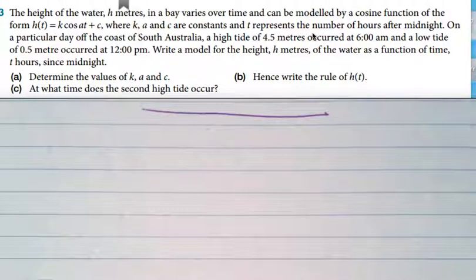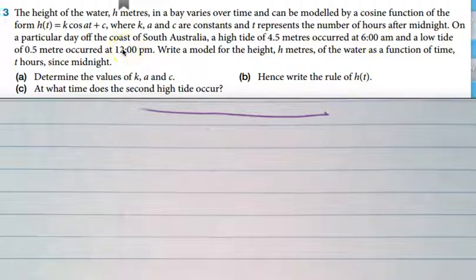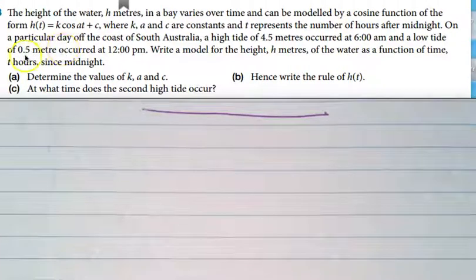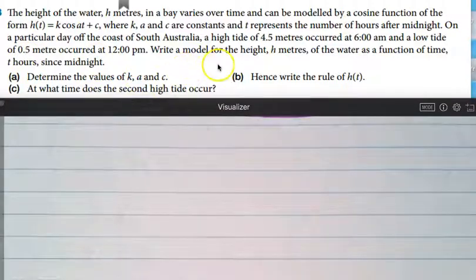So on a particular day off the coast of South Australia, a high tide of 4.5 meters occurred at 6 a.m. and a low tide of half a meter occurred at 12 p.m. Write a model for the height h of the water as a function of time since midnight.